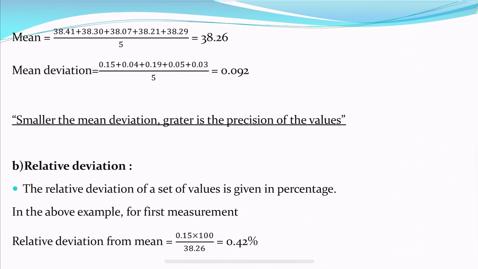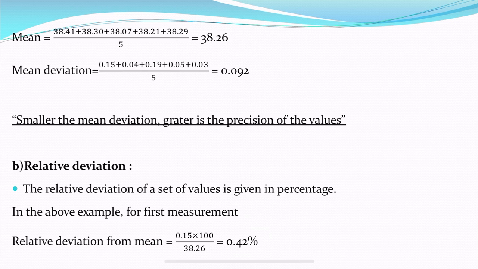The mean deviation or average deviation is very small. If you observe, the value 0.092 is very small, hence the values are precise. That means the values are more precise.